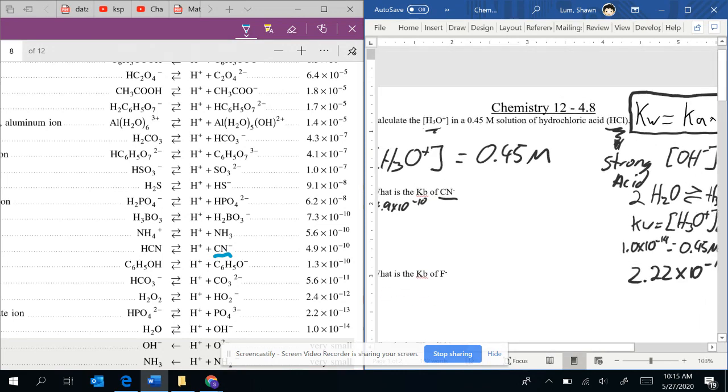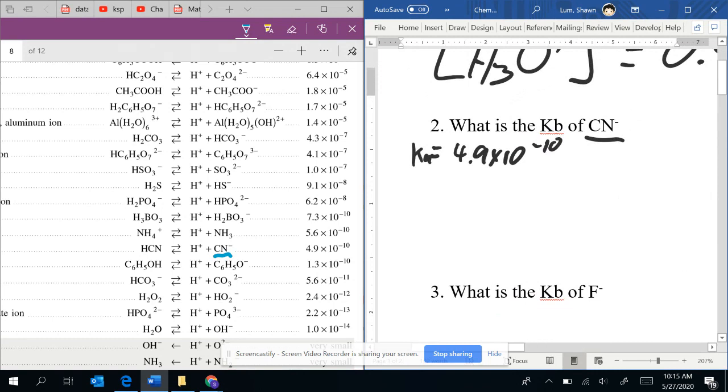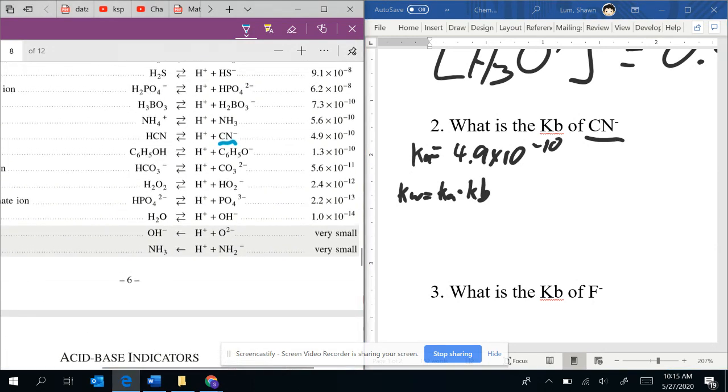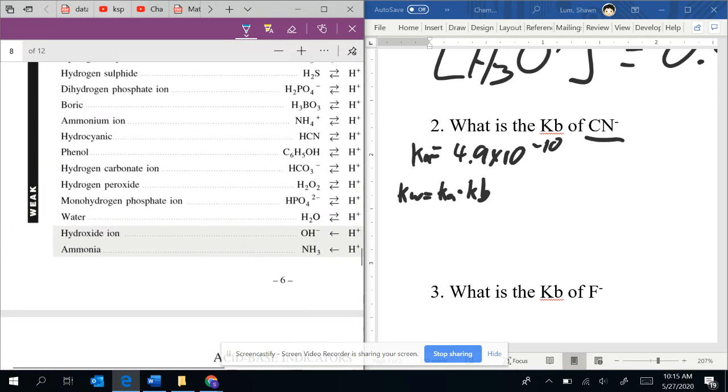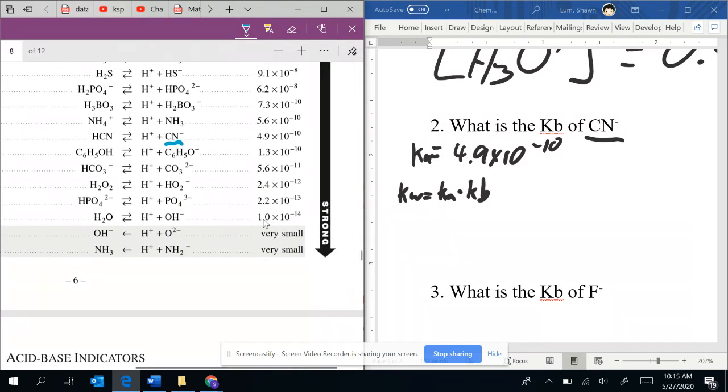Now, we know that our formula is Kw equals Ka times Kb. We know what Kw is. If we don't, we need to memorize it, because water has the Kw of 1 times 10 to the negative 14.